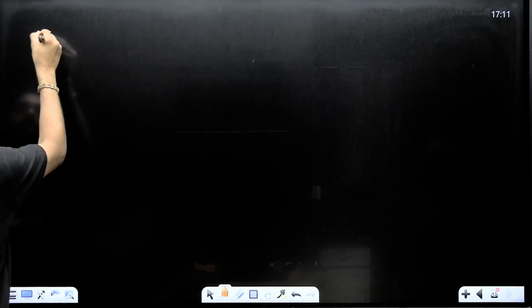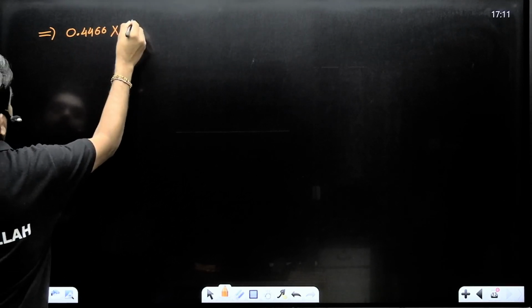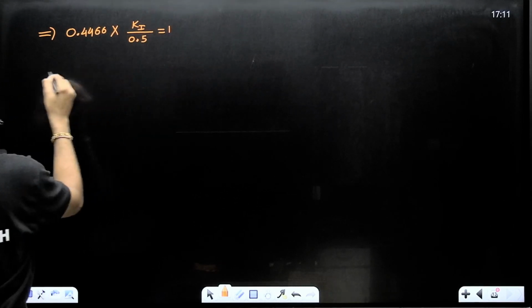Now you can put this value here: 0.4466 times Ki divided by 0.5 is equal to 1.